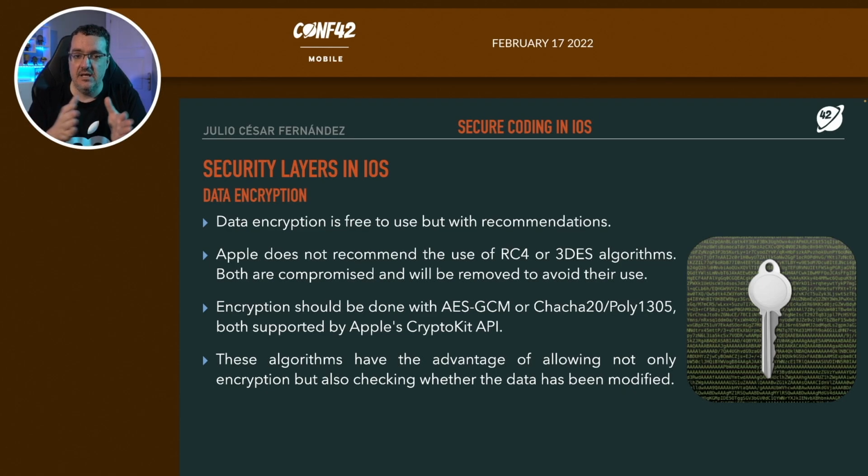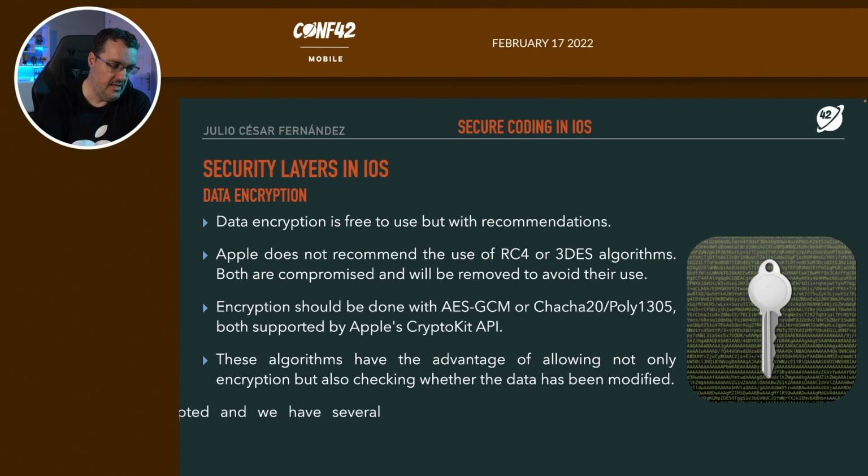Because of this, you can work on encryption, for example, server-side in Vapor, or in your app using Cocoa Touch or Cocoa with CryptoKit. These algorithms have the advantage of allowing not only encryption, but also checking whether the data has been modified. We can validate the integrity of any data that is encrypted or decrypted with these algorithms.